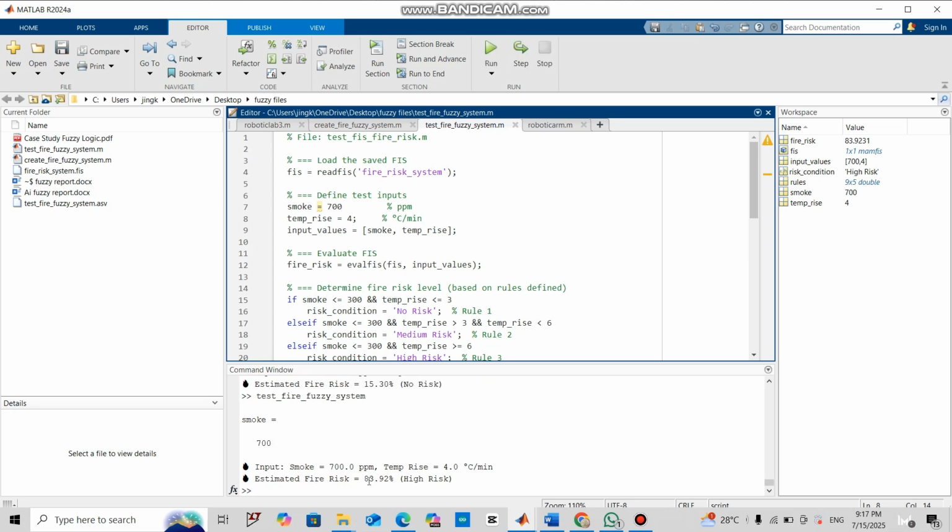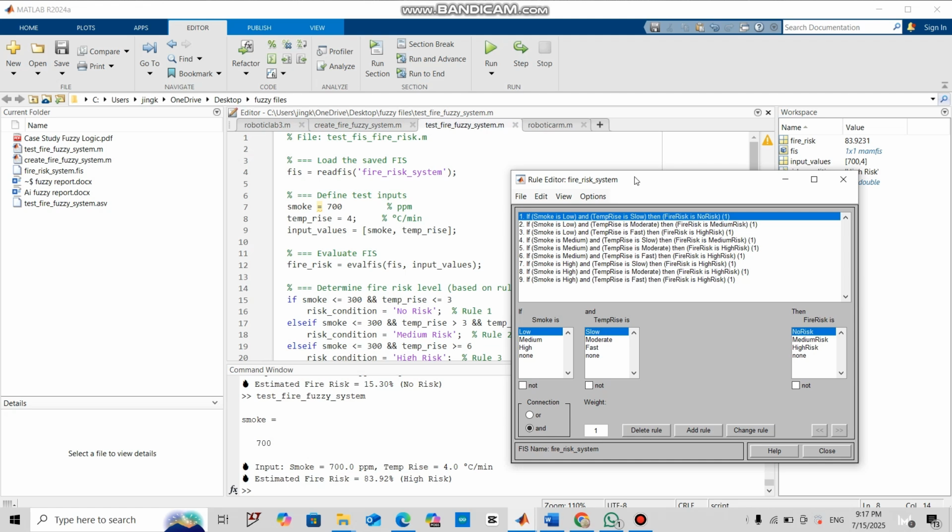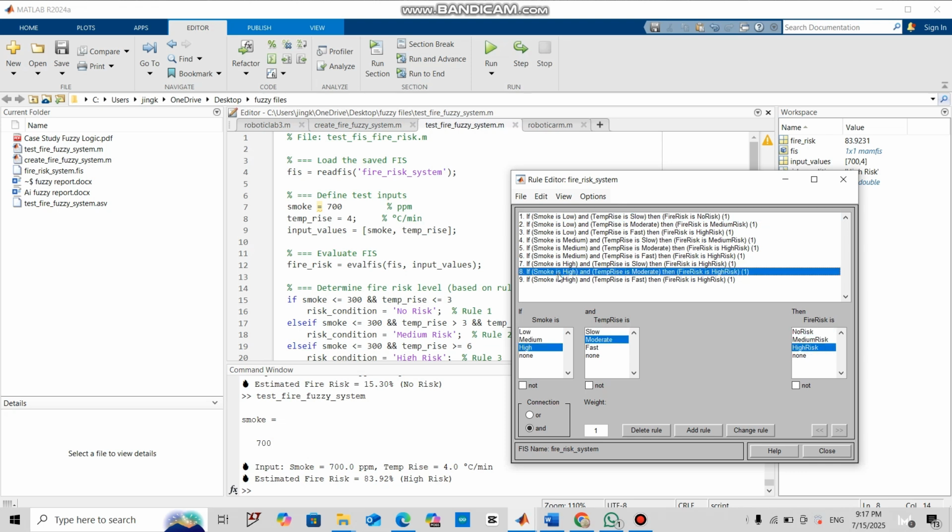It shows 83.92, which is high risk. Referring back to my rule editor, it is the same as rule number 8: if the smoke is high, which is 700, and the temperature rise is moderate, which is 4, then the fire risk is high risk.